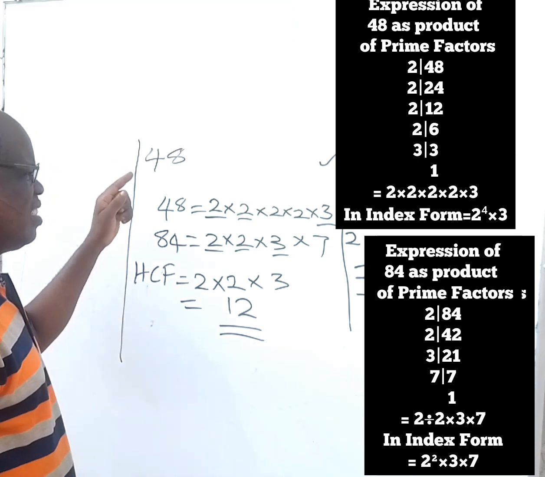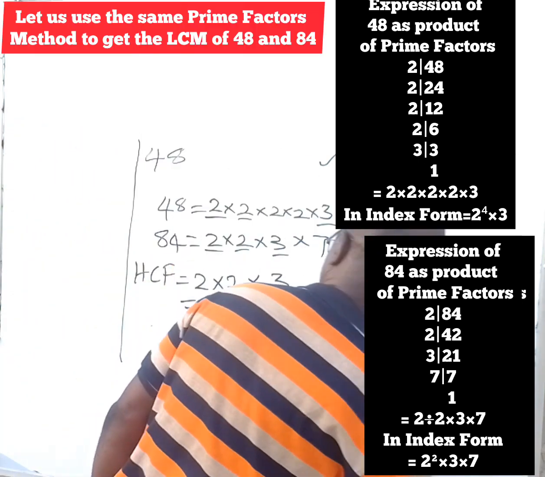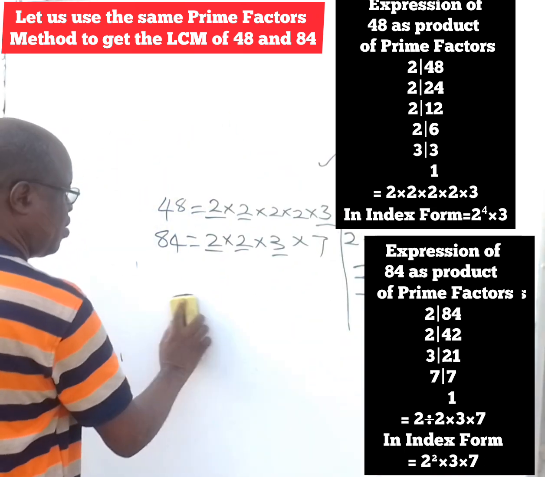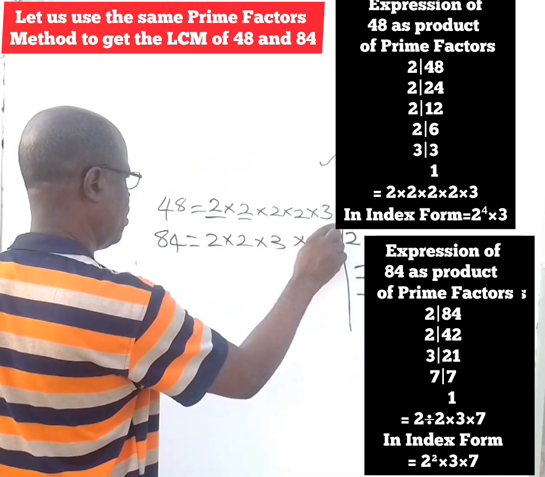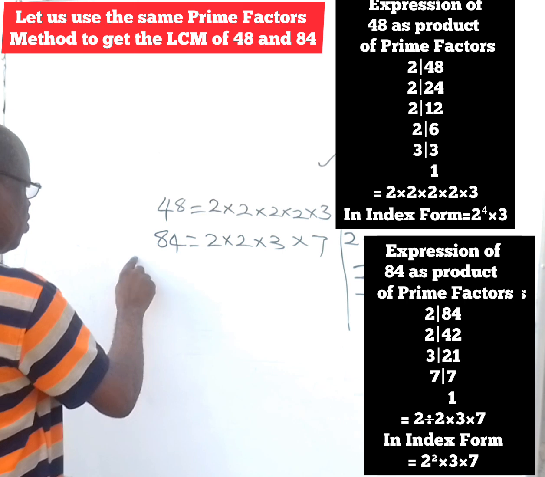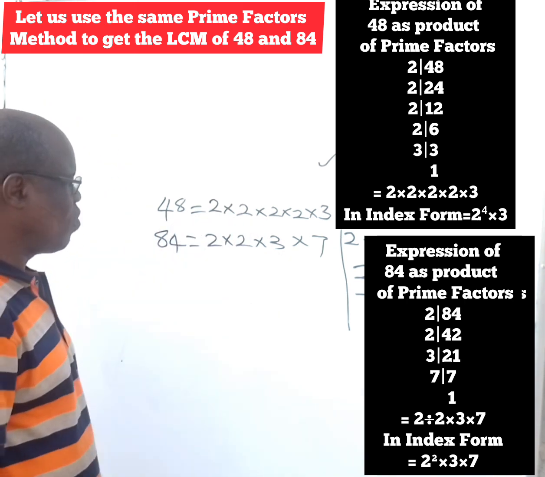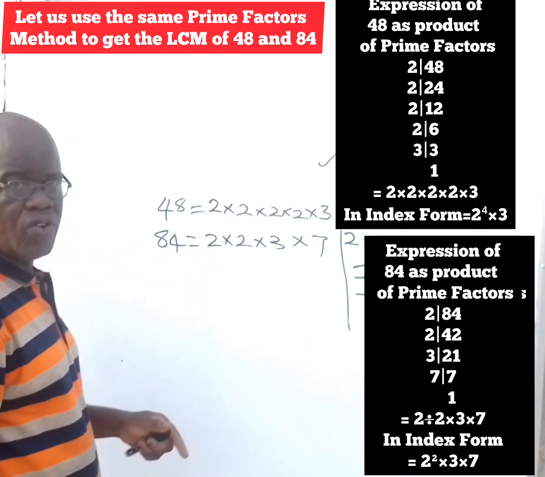Now we want to get the LCM by the same method. So you get the prime factors of 48 as you have done before, and this is the one. Then the prime factors of 84 as you have done before.